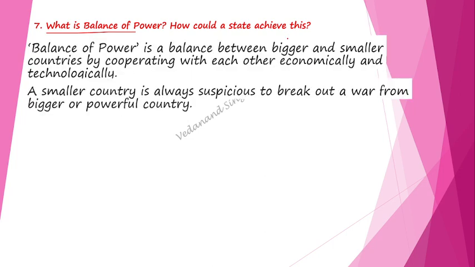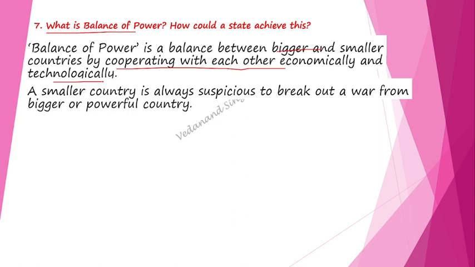See, the first point written here: the balance of power is a balance between bigger and smaller countries by cooperating with each other economically and technologically. Generally, the big nation cooperates with the smaller countries economically as well as technologically.